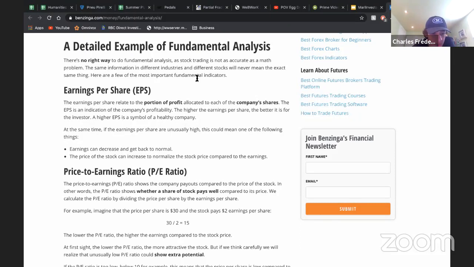Then the price to earnings ratio is another metric that's used. We'll talk about it a lot more later because I don't want to go on too long. I want to talk about everything, and then we can go into more specifics, especially next year. I think in person it's going to be a bit easier to explain.